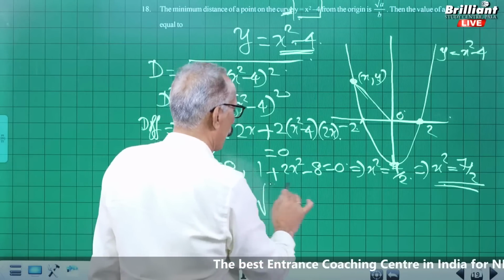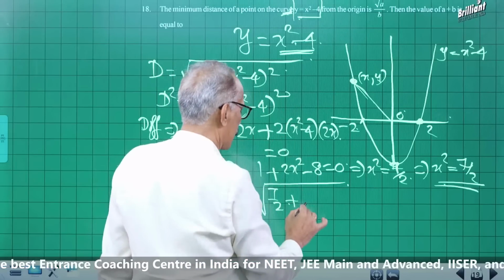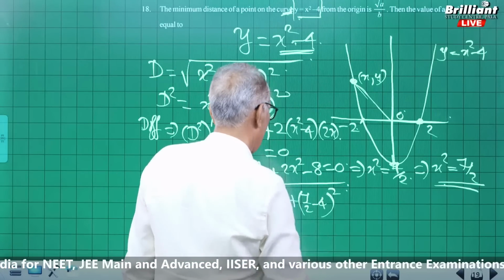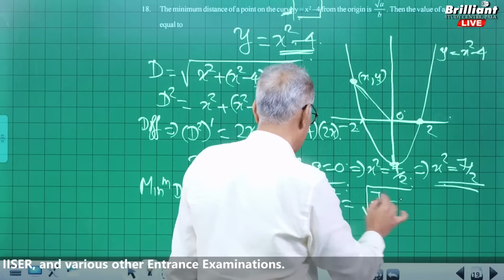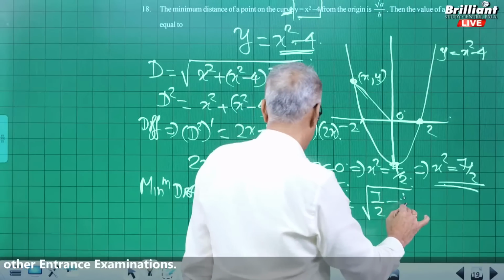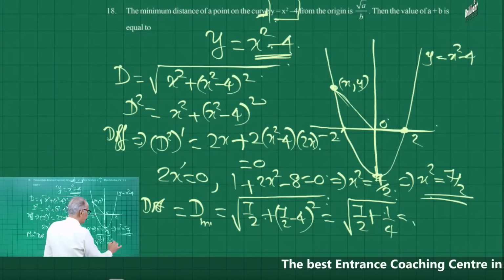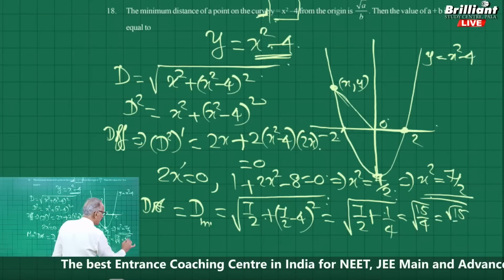That is root over 7 by 2 plus x square minus 4, that is 7 by 2 minus 4 the whole square. So this you please calculate. 7 by 2 minus 8 by 2 will become minus 1 by 2, so 1 by 4 plus 7 by 2 is 15 by 4. So it is root over 15 by 4, that is equal to root 15 by 2.